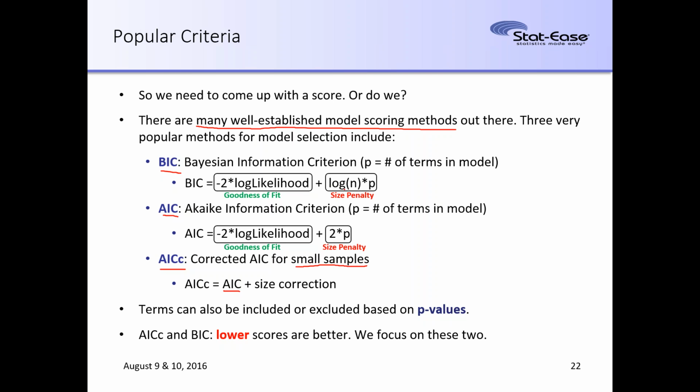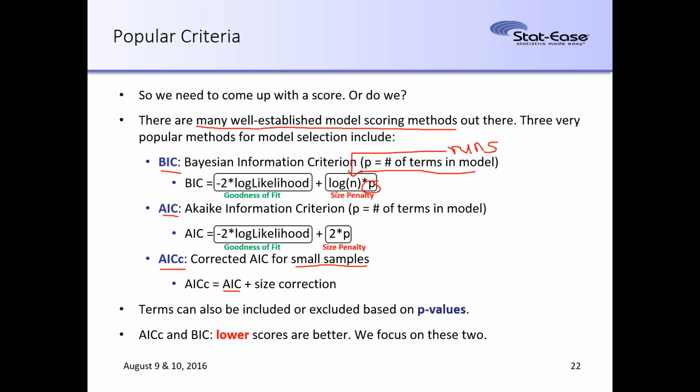Notice that P here is the number of terms that you're putting in the model, and N is the number of runs in your experiment. Sorry, I probably should have defined N here. So the BIC will penalize a model at a rate of log N for each term you put in the model.